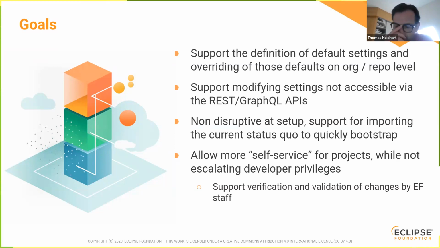One of the other goals, of course, was to support this kind of self-service without escalating developer privileges, which might be difficult for some projects. Imagine you have hundreds of developers, you don't want to give each of them certain permissions in order to change things without auditing or checking whether this really makes sense.